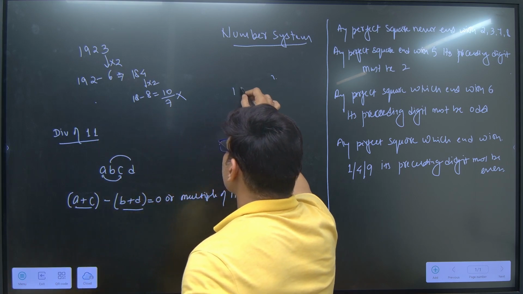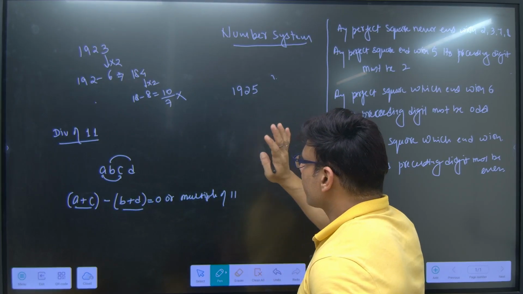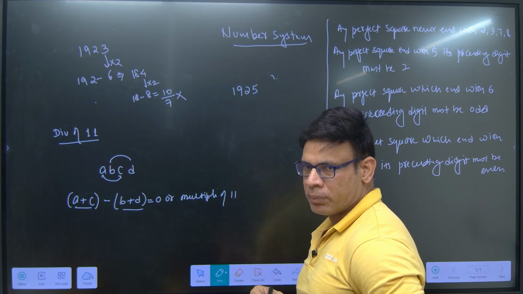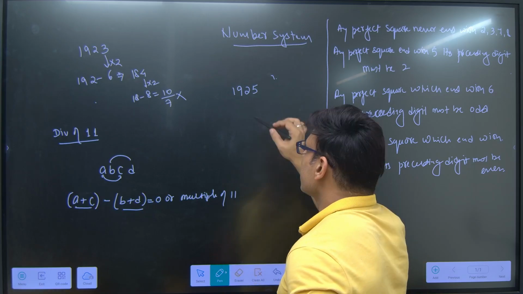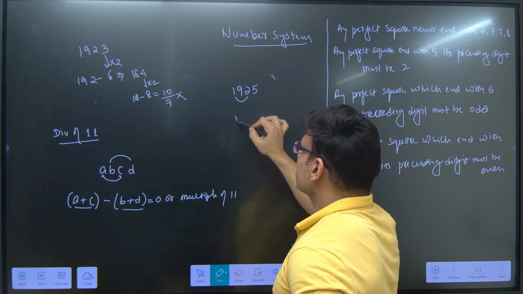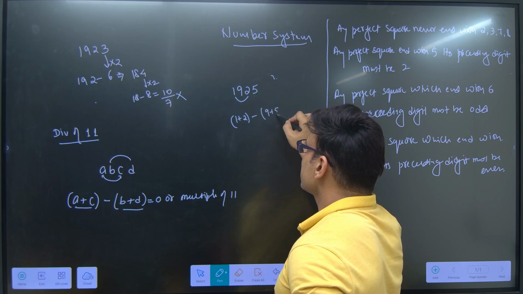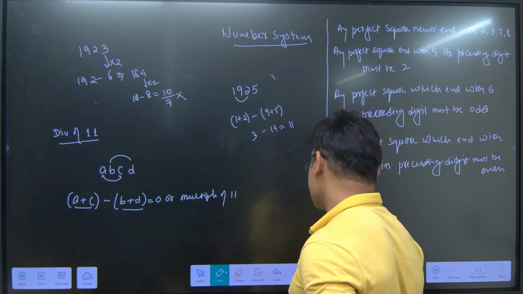Example: 1925. If I have to find out whether this number is divisible by 11 or not, what is 1 plus 2 minus 9 plus 5? 14, 3. This is 11. Forget about the positive negative sign.